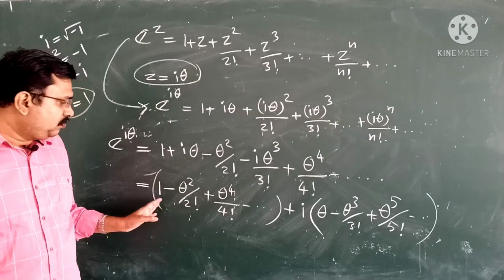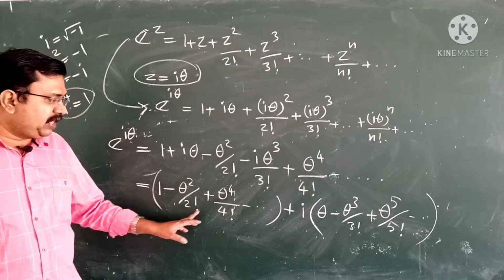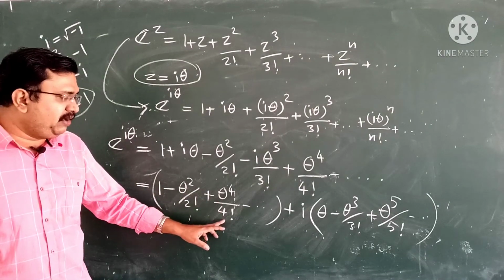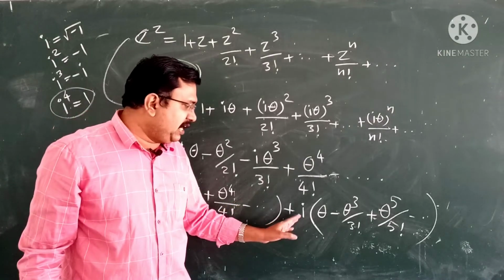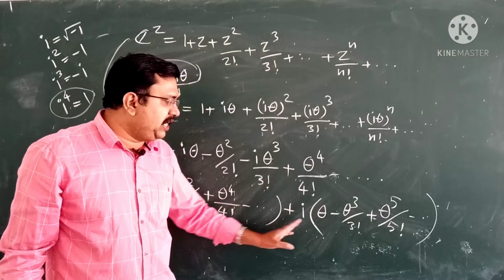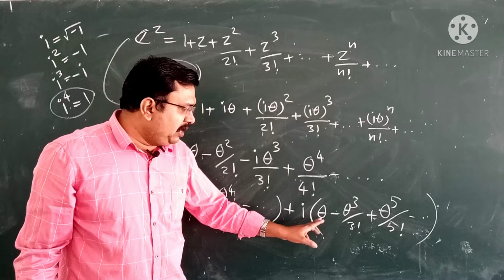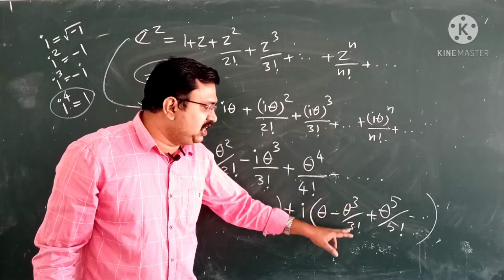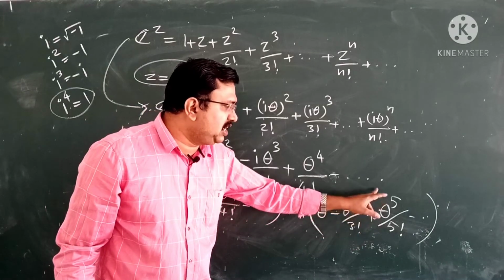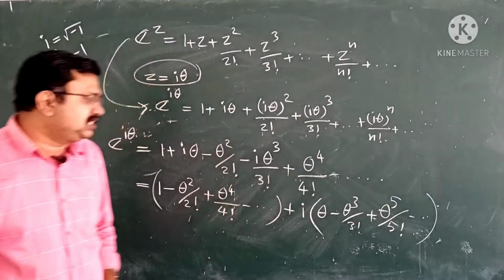First one is 1 minus theta square by 2 factorial plus theta raised to 4 by 4 factorial etc. Second one, i is taken outside, then the remaining is i into theta minus theta cube by 3 factorial plus theta raised to 5 by 5 factorial etc.